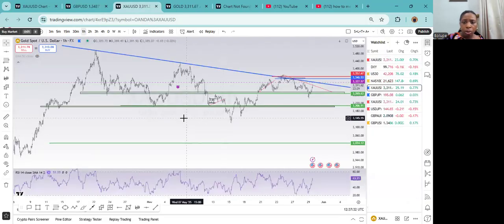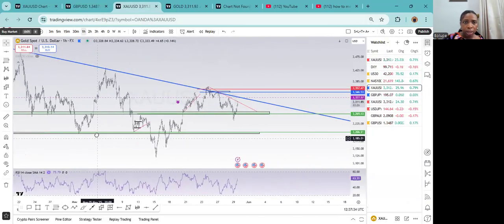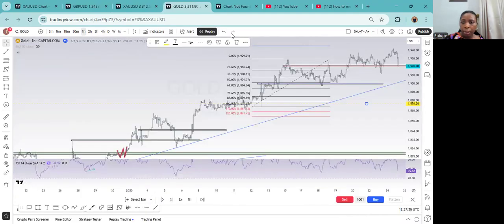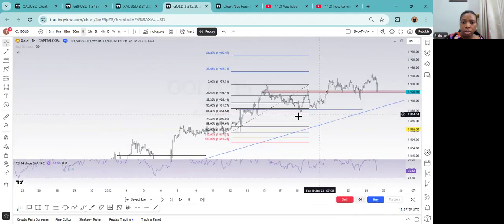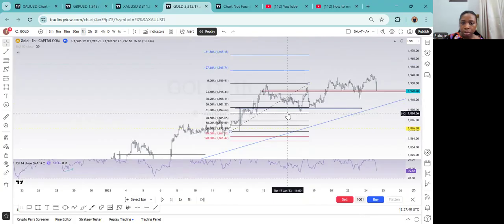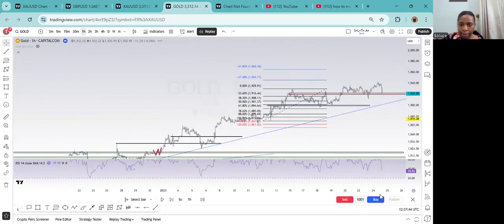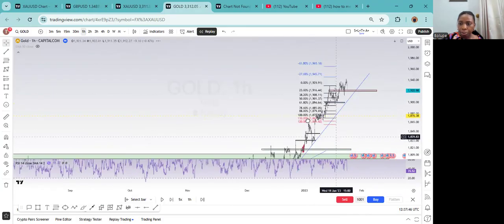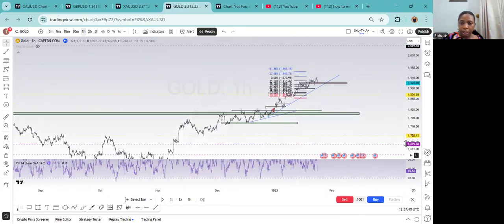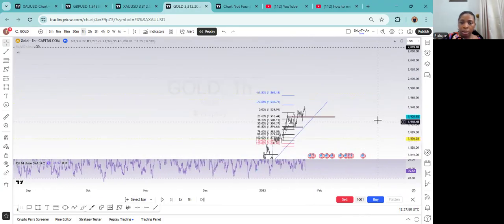Let's check gold, this gold that we've been back testing. So let's back test this. This is like on previous price structure. Price has been in an uptrend, right?